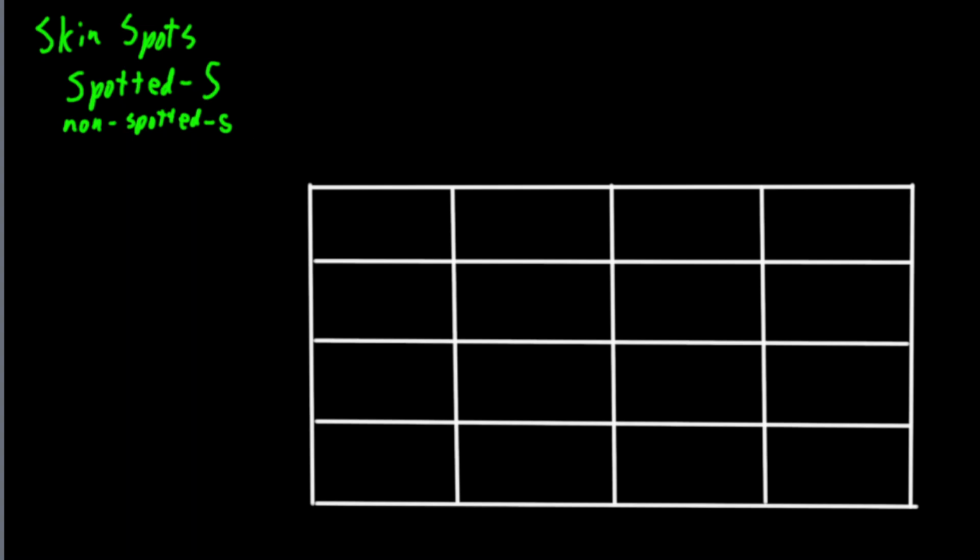Trait number 2, the second trait is, I'm going to say hair texture. And it is woolly hair, which is the dominant trait. So we'll go ahead and name that, over non-woolly, which is a lowercase w.